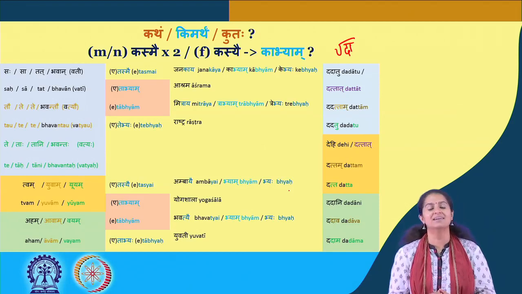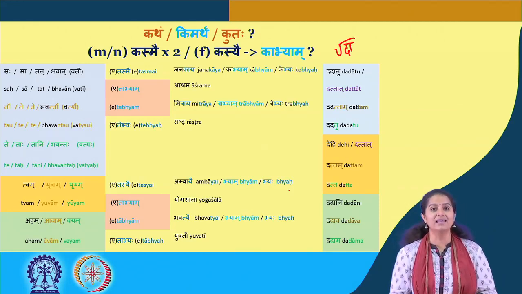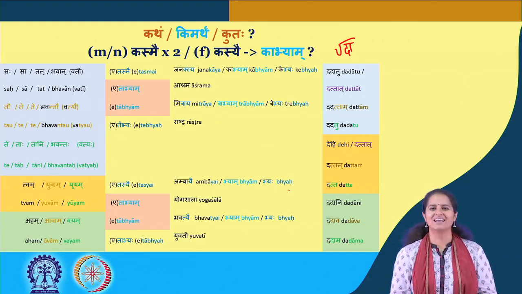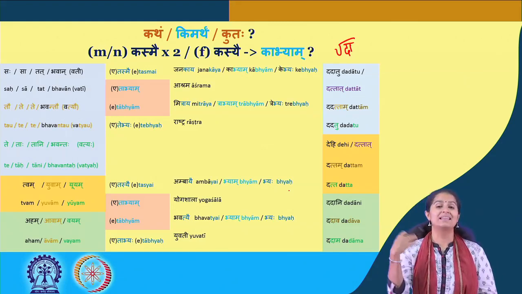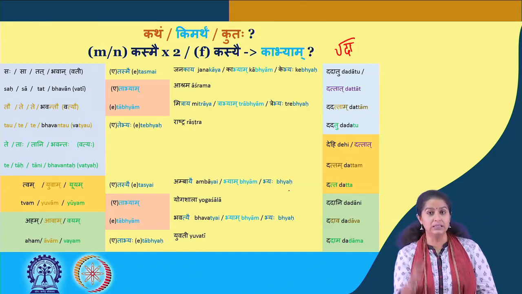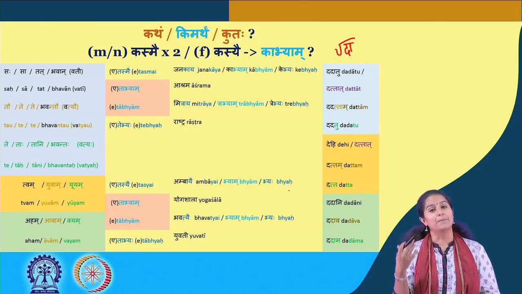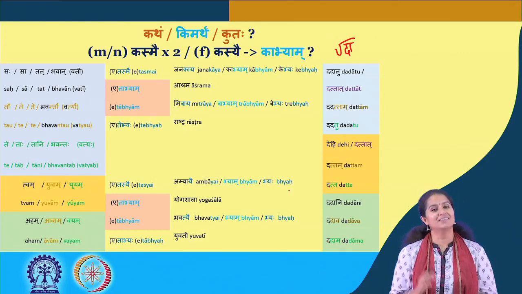So here we can add the tasyai, or let's say etasyai. Then etasyai yuvatyai dadatu. Dual, etabhyam yuvatibhyam dadatu. And plural, etabhyah yuvatibhyah dadatu.